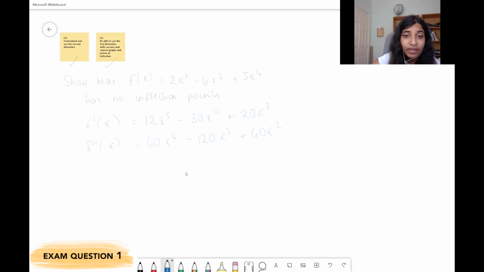So first things first, it'll be useful to factorize. So you would get 60x squared times x squared minus 2x plus 1.